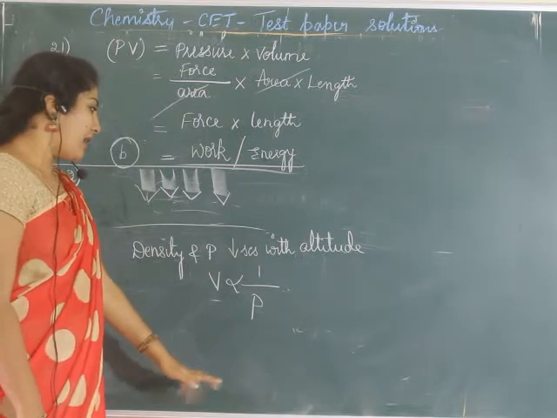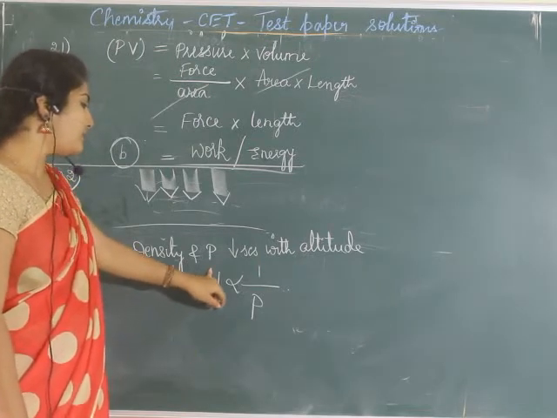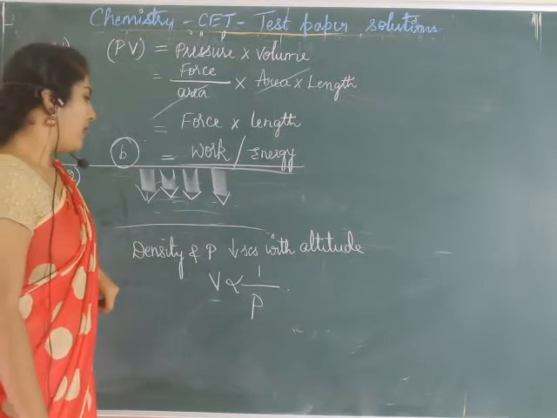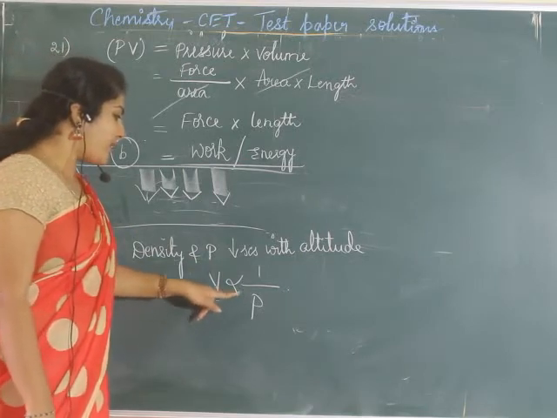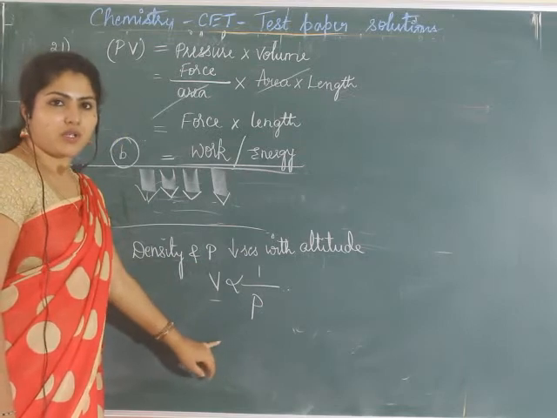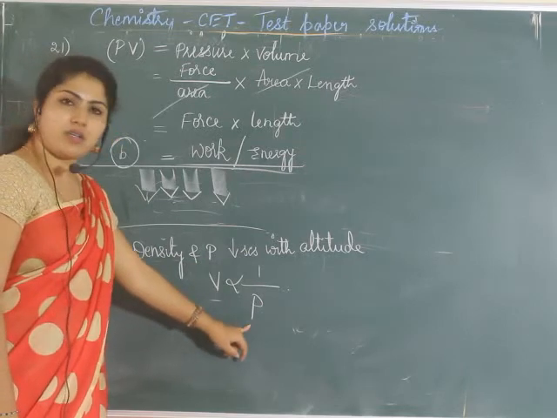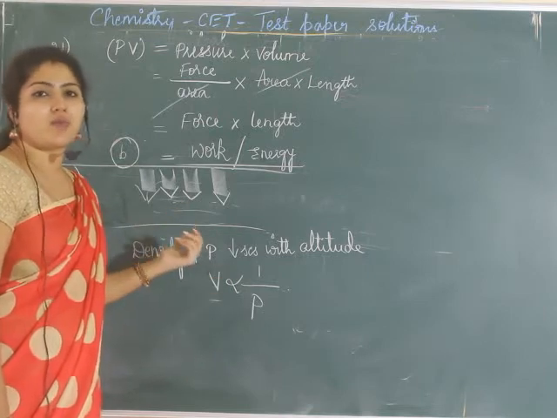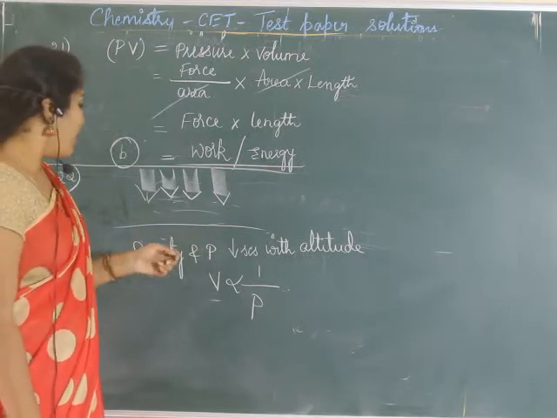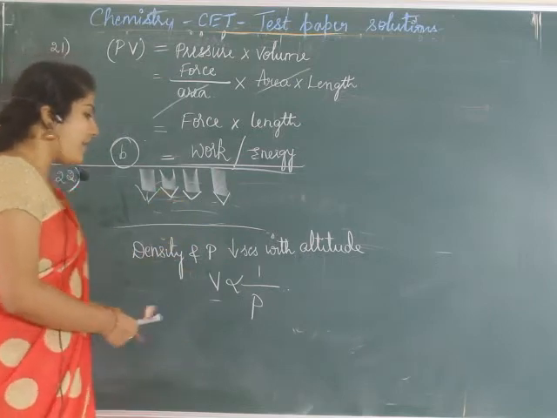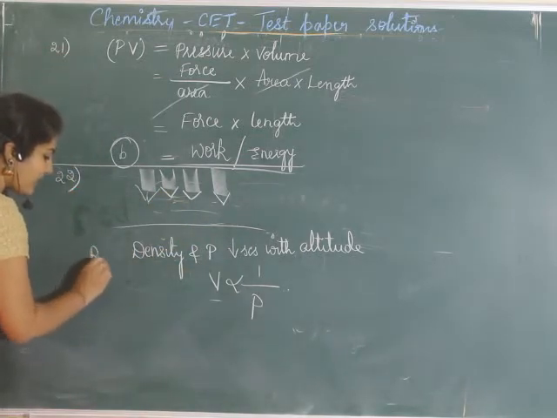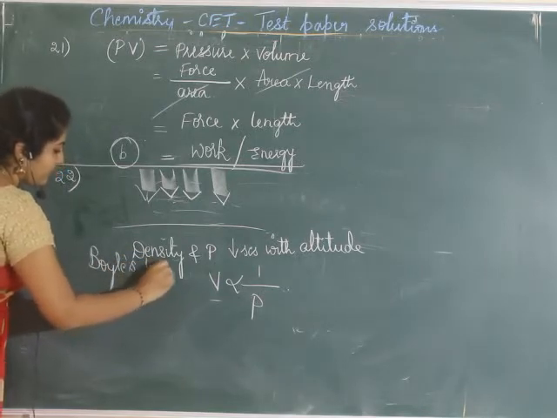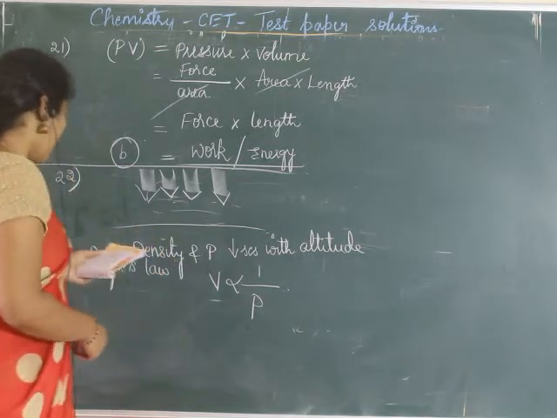Lower the height, density and pressure increase. So volume is inversely proportional to pressure. As pressure decreases, volume increases, pressure increases, volume decreases, and so on. That is why this is a practical application of Boyle's law. Boyle's law, which is option A.